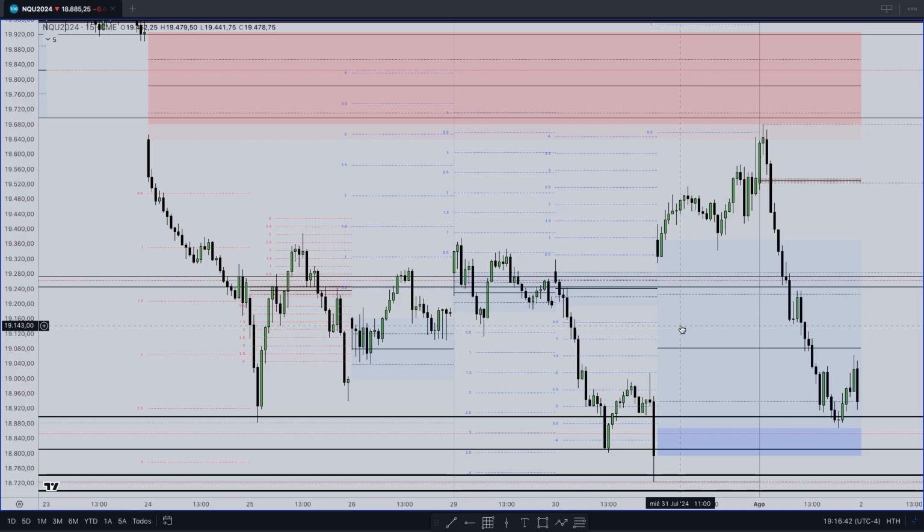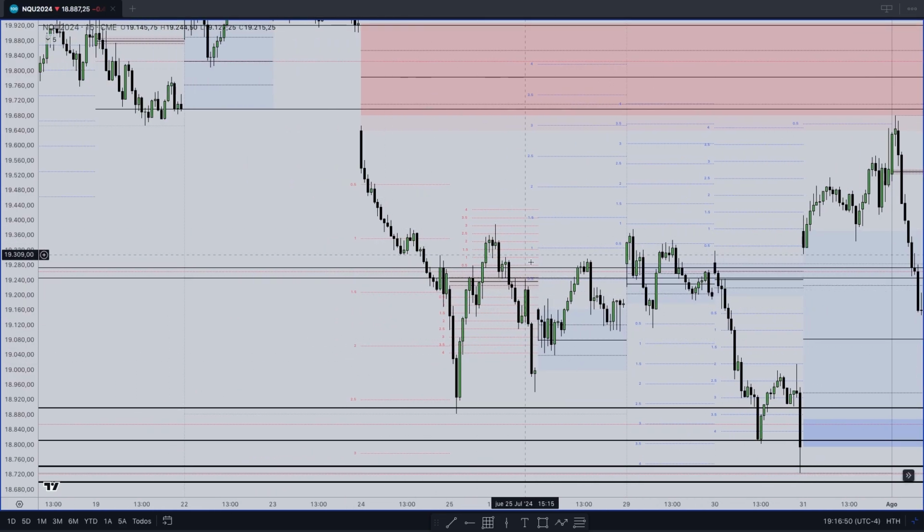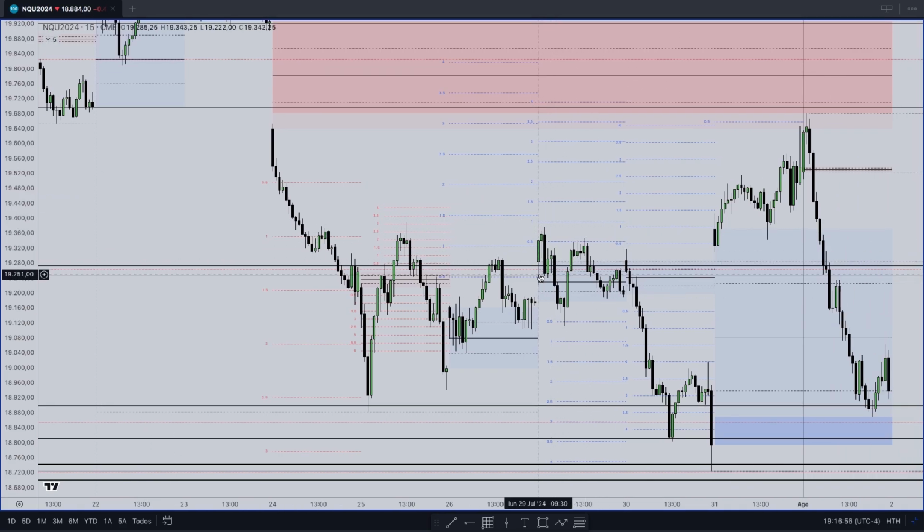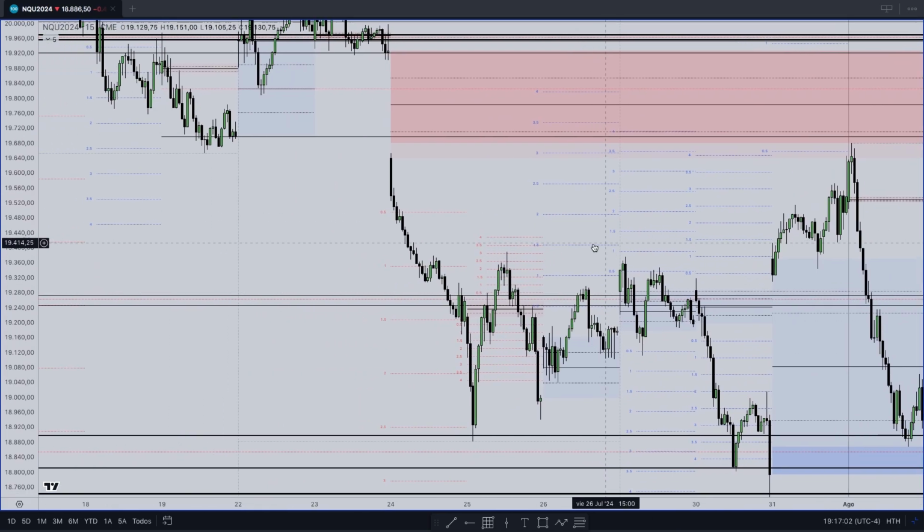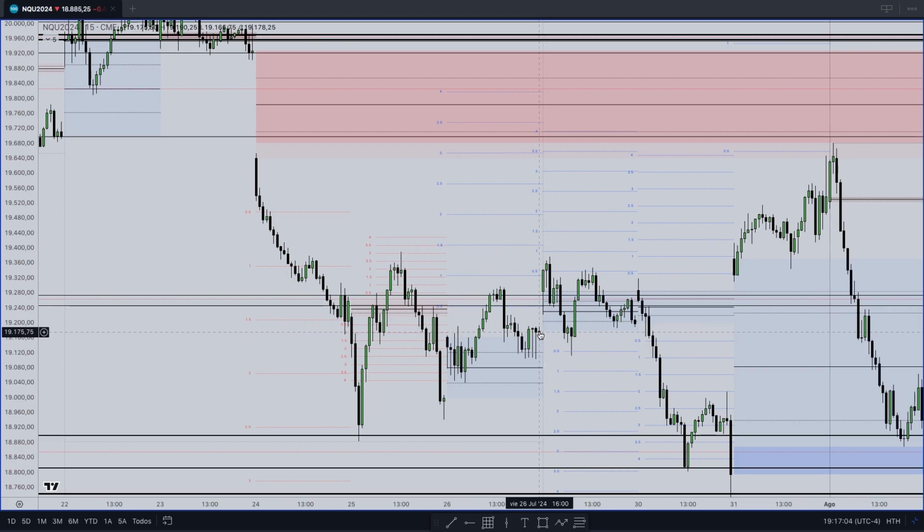I will mention right now, but look, all this range here, this is a new week opening gap from this week. I don't have it annotated right now, but this is a new week opening gap, the closing price from Friday on regular trading hours, and the opening of Monday.